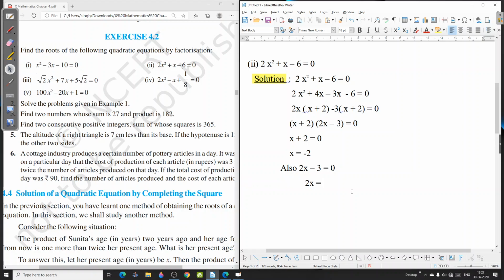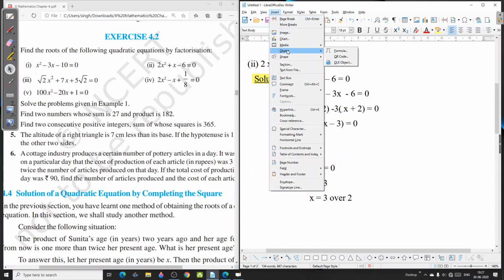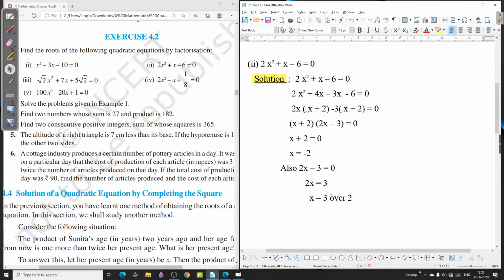On solving it, this 2 will divide 3, so x will be equal to 3 by 2, x equal to 3 over 2. So, this is how we'll get the solution of this.